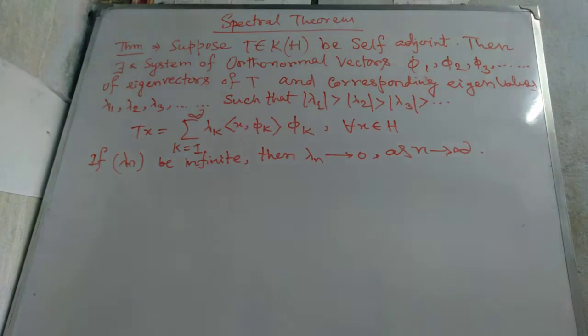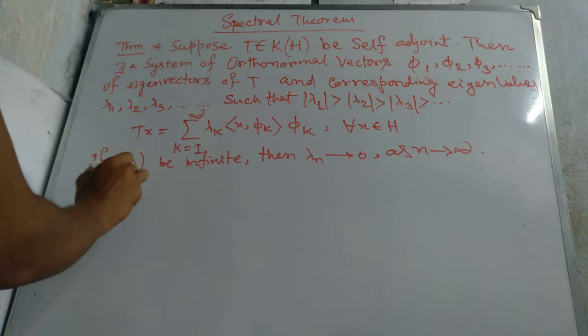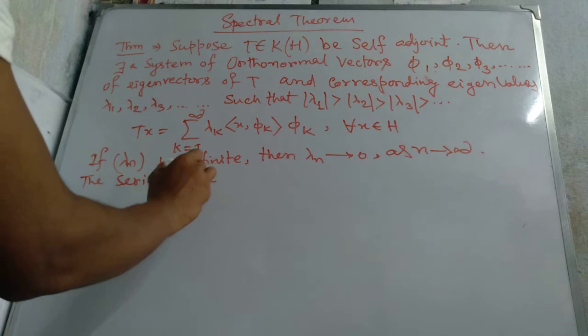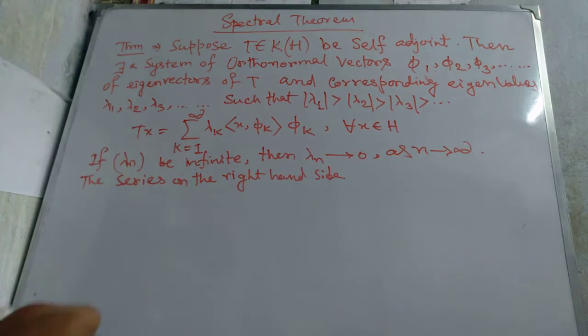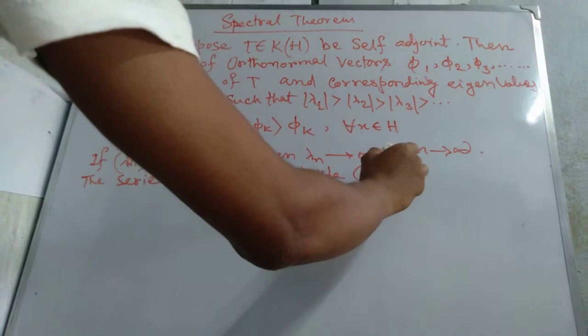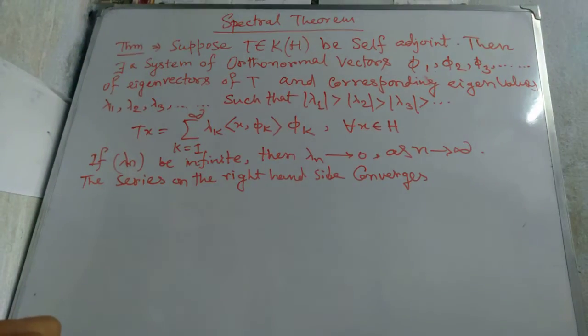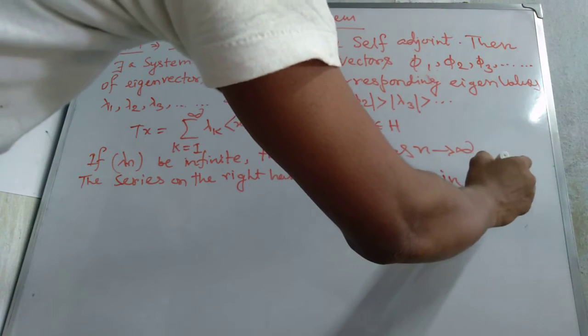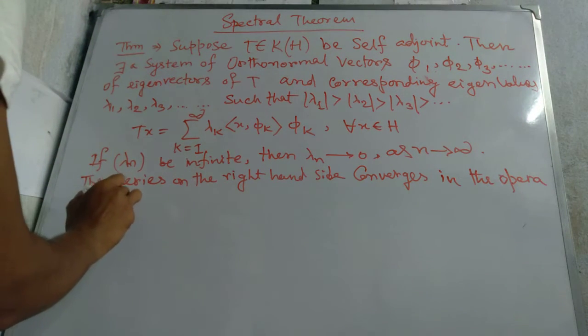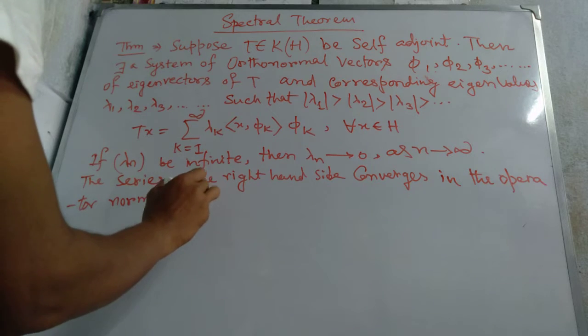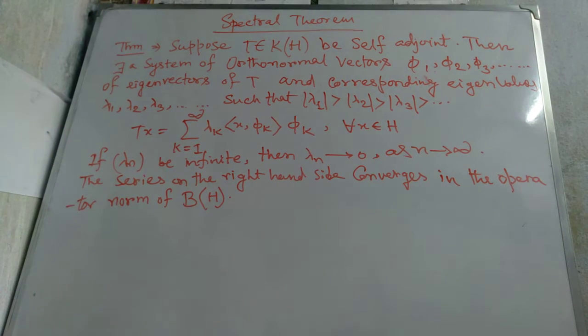And the series on the right hand side converges in the operator norm of B(H), that means bounded operators from H to H. This one is the spectral theorem.